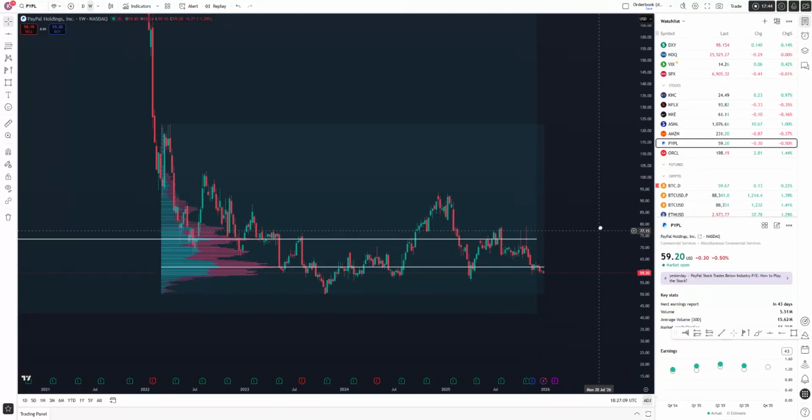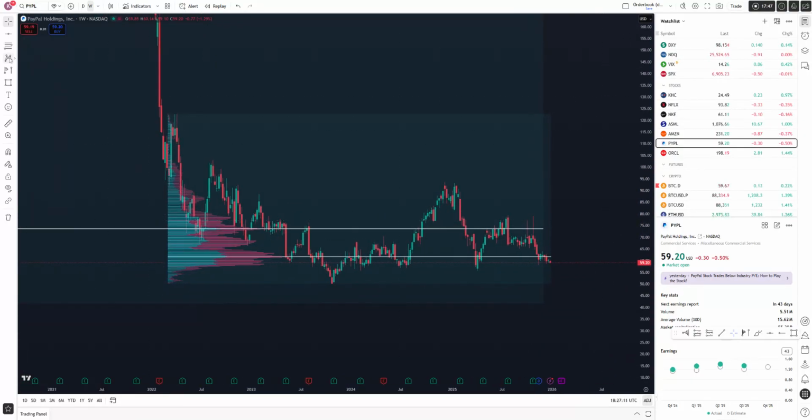Actually, what do we see happening? We see price losing its momentum, and we see price leaving this boundary, or edge, whatever you want to call it.